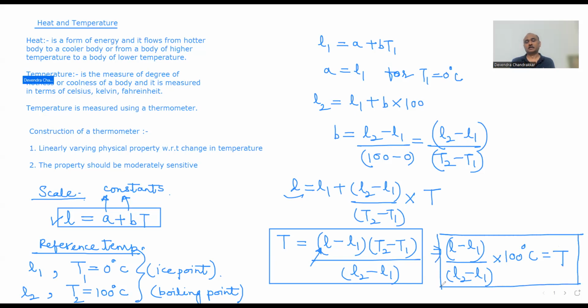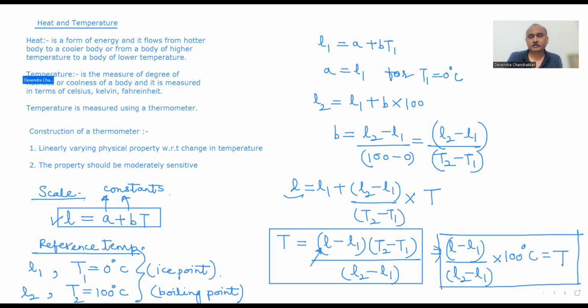Yes or no? In place of length, any other parameter can be there. Resistance हो सकता है, volume हो सकता है, it can be pressure, it can be any other thing which varies linearly with temperature. That is the case. I hope all of you understood how to make a scale of a thermometer. Yes or no? Yes, sir. परम समझ आया बेटा? Yes, sir. Okay. Copy it quickly.